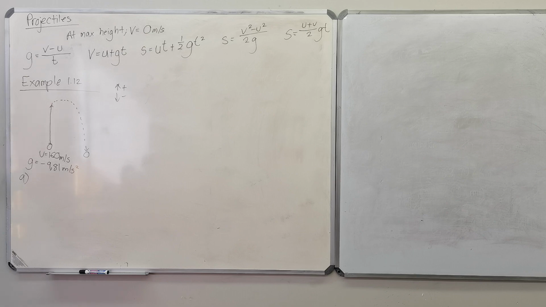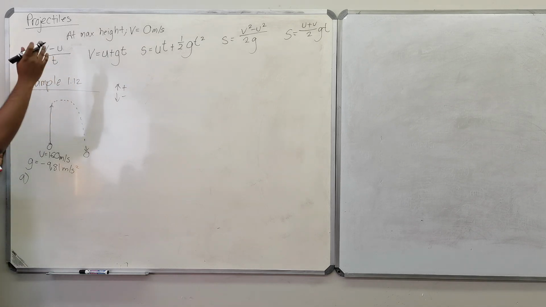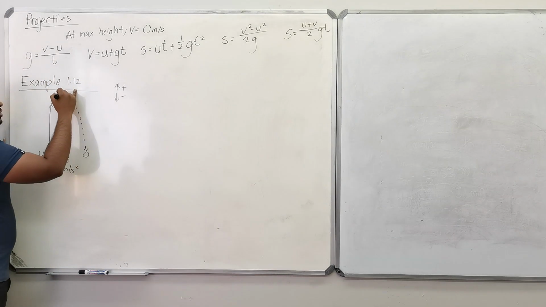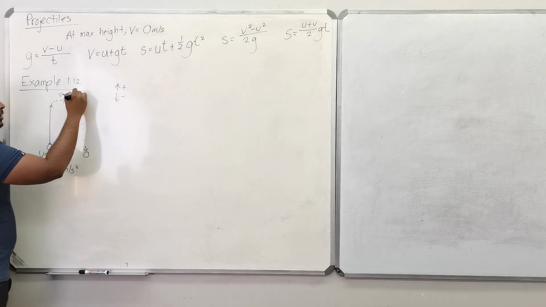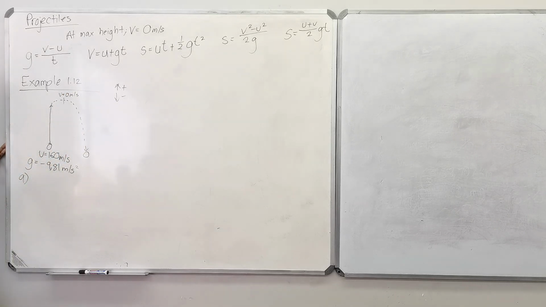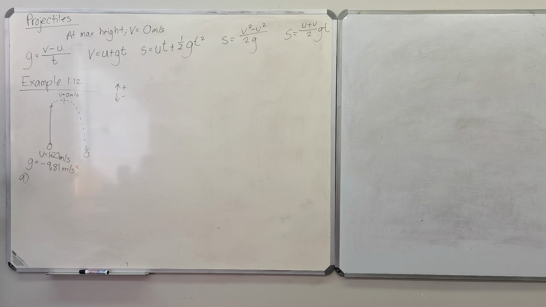What's your final velocity? Zero. Why? Because at maximum height the velocity is equal to 0. So we know that the velocity is equal to 0 meters per second. They want you to work out the maximum height. That will be your S.